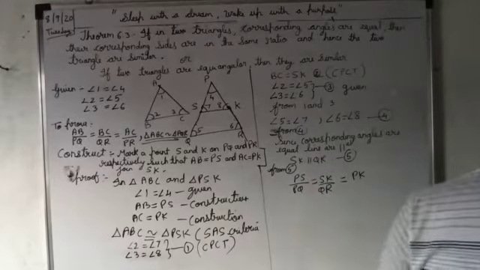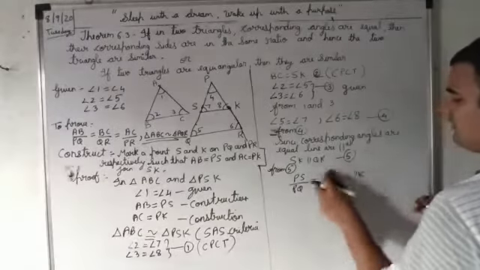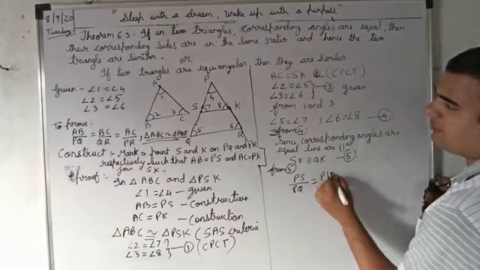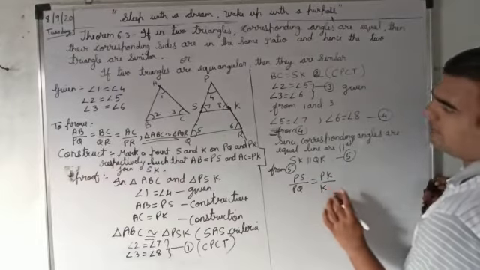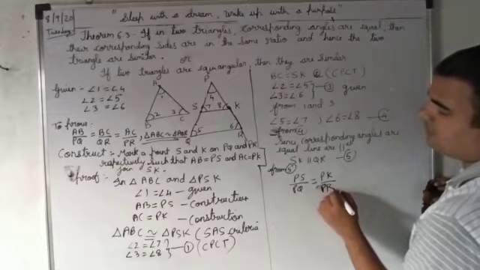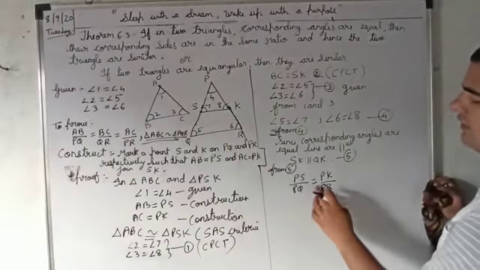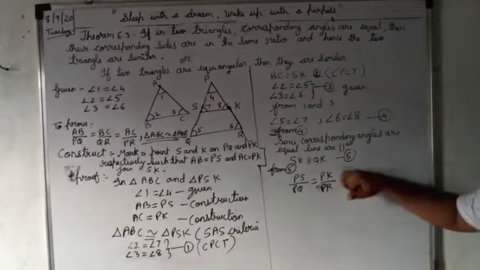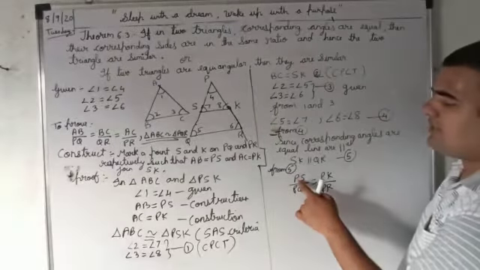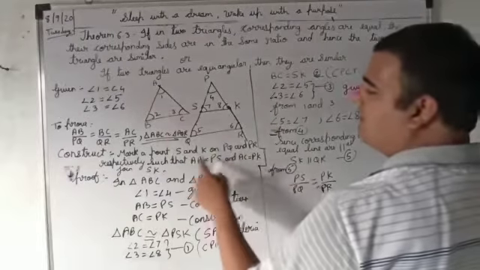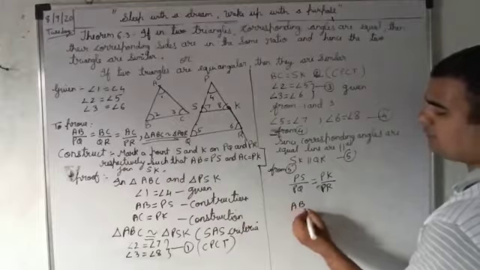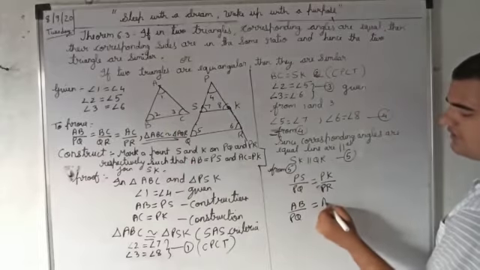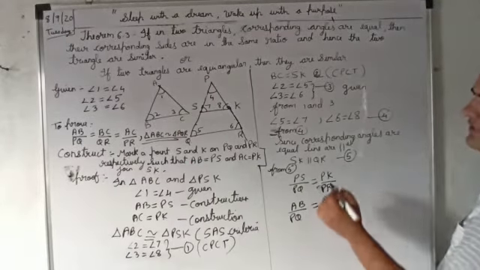We will apply it one by one, not totally, two times. PS upon PQ equals PK upon PR. Now put the values. What is PS? PS is AB by construction, so AB upon PQ. What is PK? PK is AC by construction, so AC upon PR.